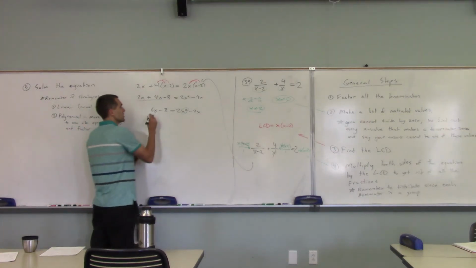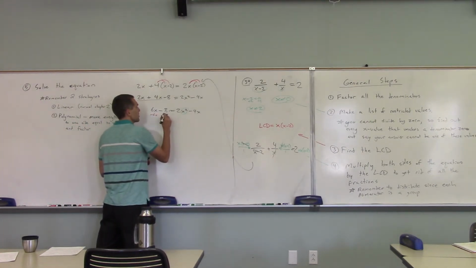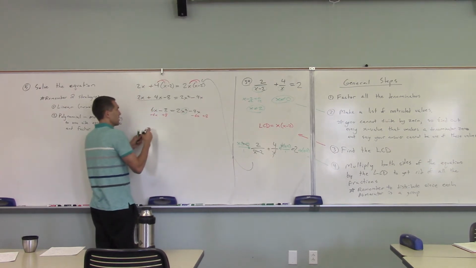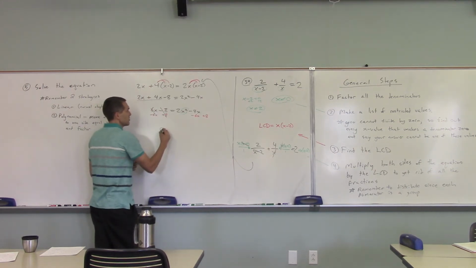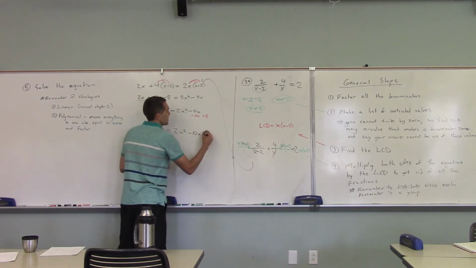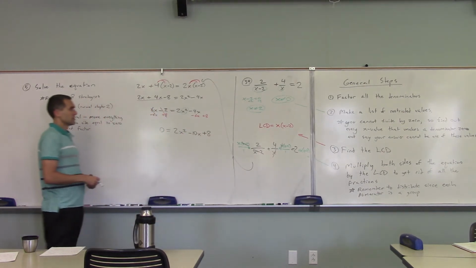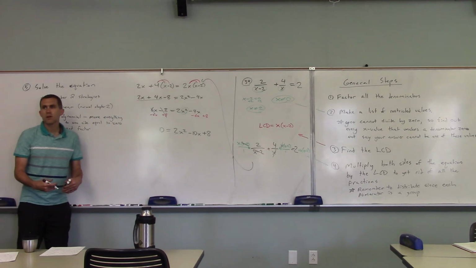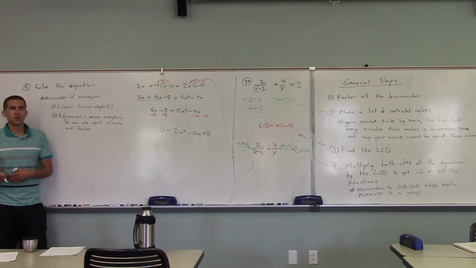So I'll move everything to one side, minus 6x plus 8, minus 6x plus 8. So we get 0 equals 2x squared minus 10x plus 8. Okay? And you guys are starting to see, every time we do a step, we move backwards in time a little bit, right?